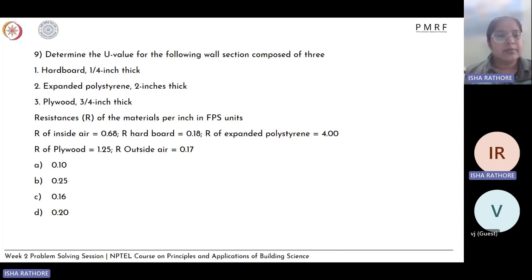So U value is nothing but the inverse of the sum of the thermal resistance of all of the layers, including the layers of inside air and outside air.